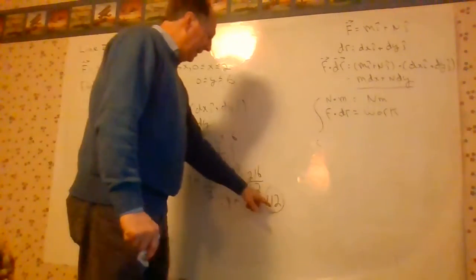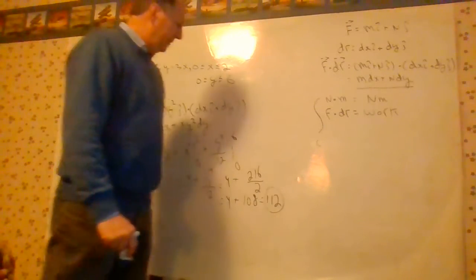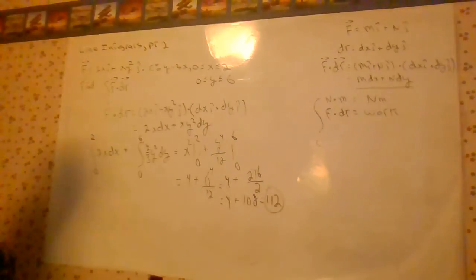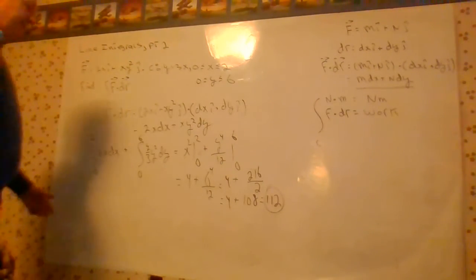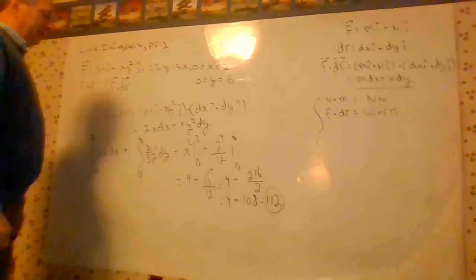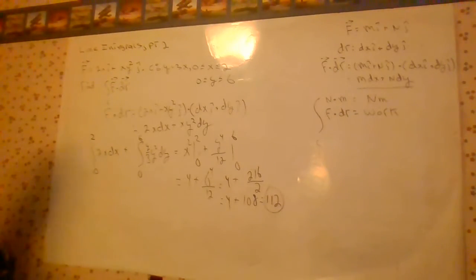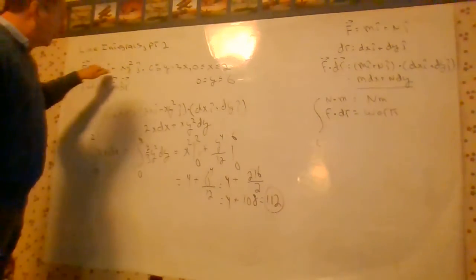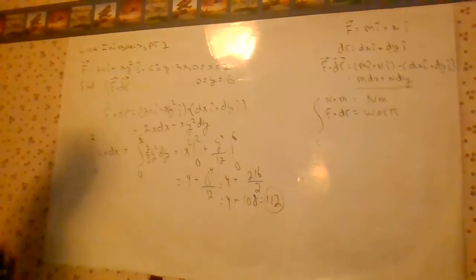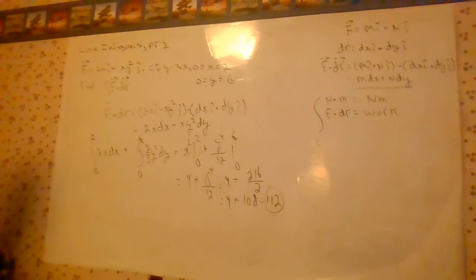Well, this work would be added to the kinetic energy. This is a positive amount of work, and if the object was pushed along that path, it would have accelerated it, and you could use that to figure it out.